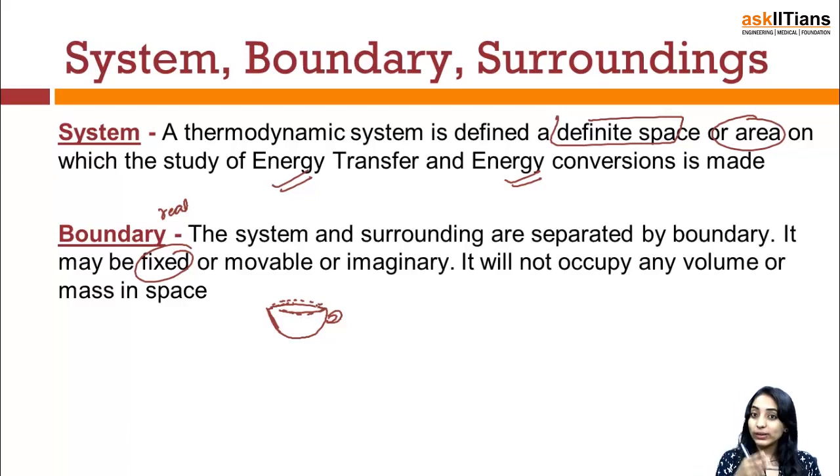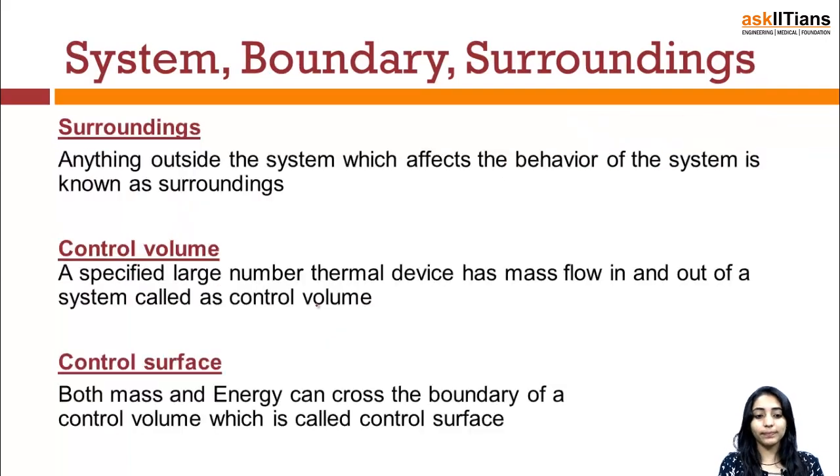And hence, with this example, it has been shown that a boundary can be fixed, real, imaginary, or movable. It will not occupy any volume or mass in the space, because it is assumed that the boundary is such a sleek thing which just separates the system from the surroundings. So it is not asked to occupy any mass or volume in the space.